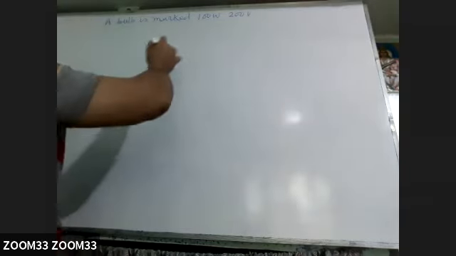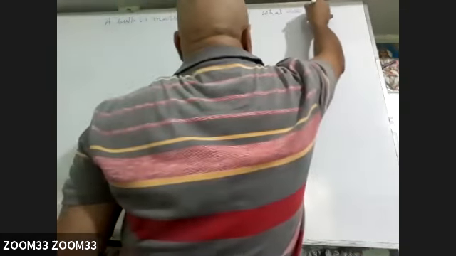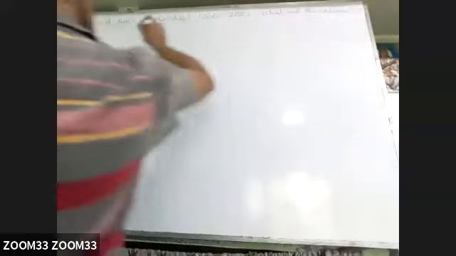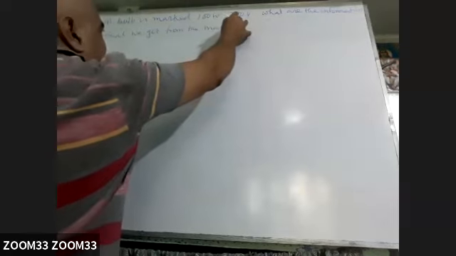Why is this marking given on the bulb? So what is the information that we get from this?